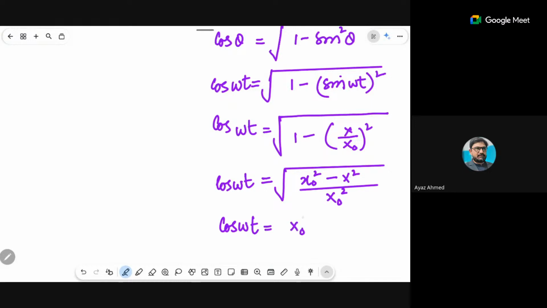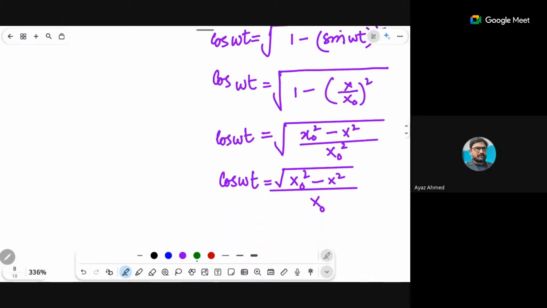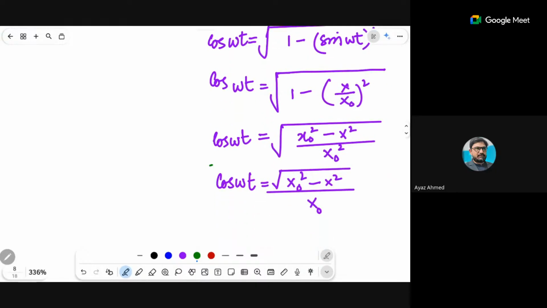Square root of x naught square minus x square, divided by x naught. Why? Because the square root and x naught square, they are cancelled out. So till this point, do you people have any query?